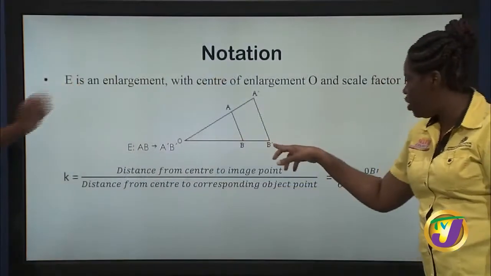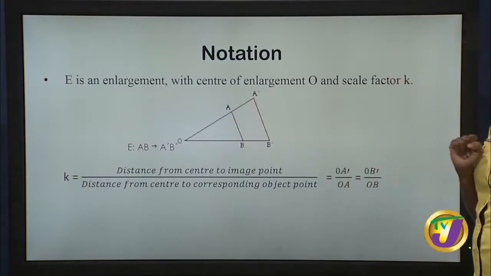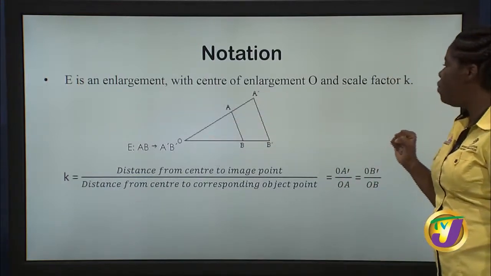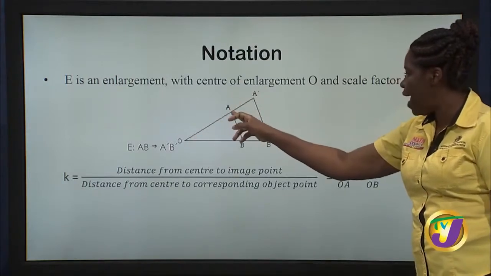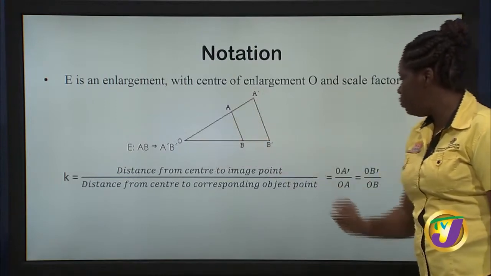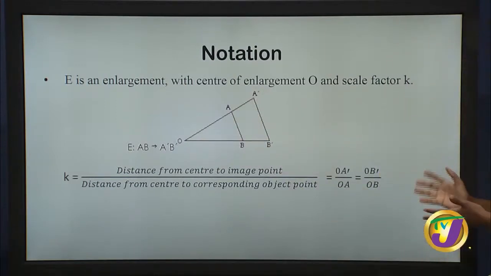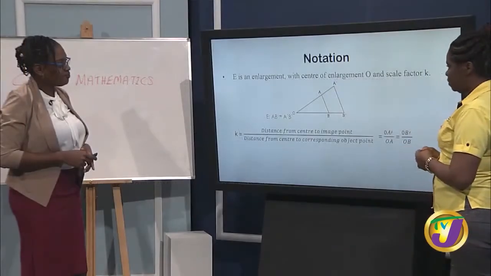So from O to A prime, or O to B prime, what would be the length of that line segment. And we would also look at the distance from the center O to A, which is the object, or O to B, any corresponding point we can choose, and then we would divide these lengths.